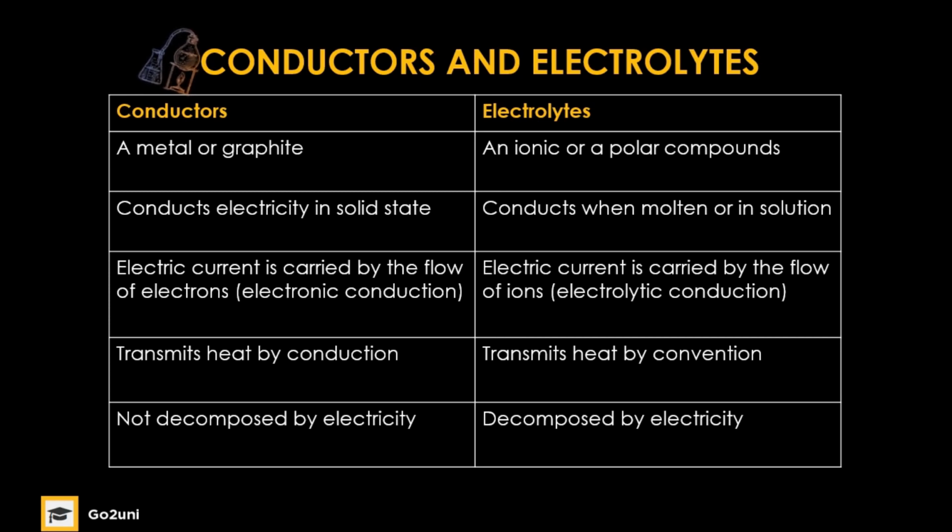But in the case of electrolytes, as we've said earlier on, electricity is carried by the flow of ions. Ions constitute this movement of electricity in electrolytes because the substances in question dissociate in solution into their ionic forms.